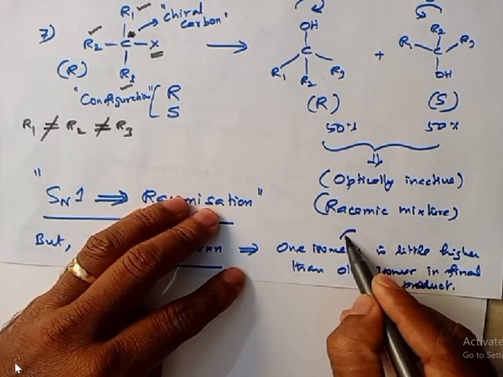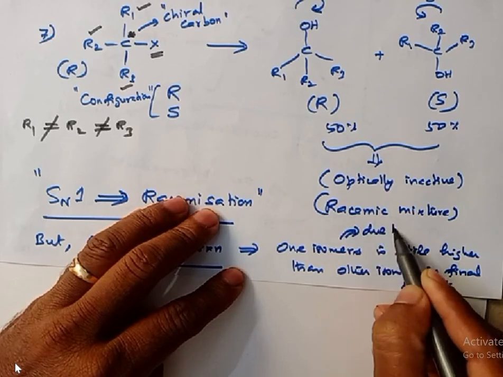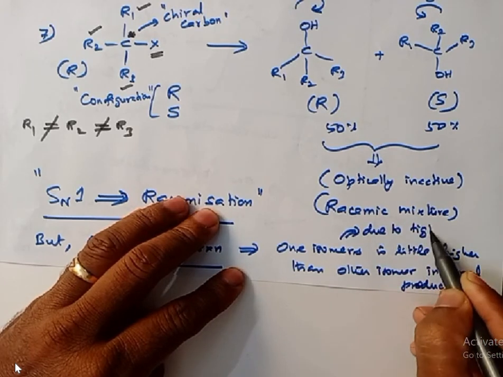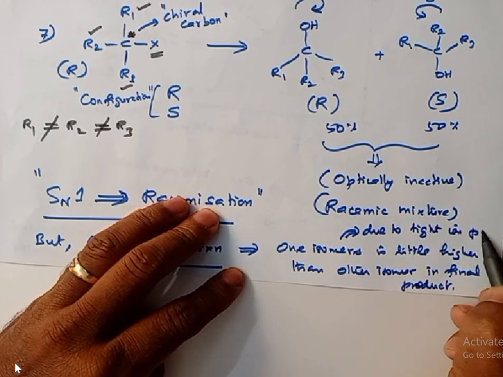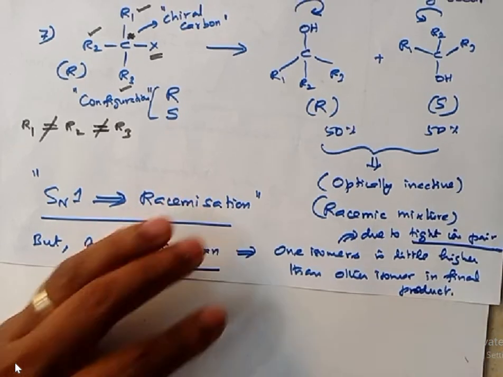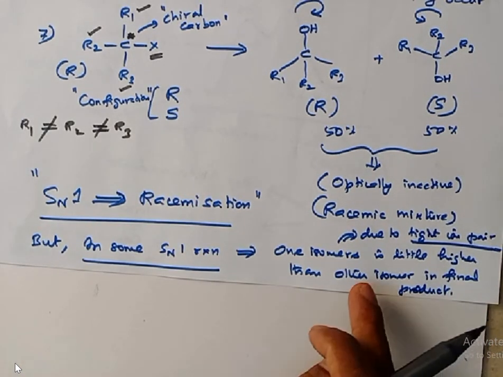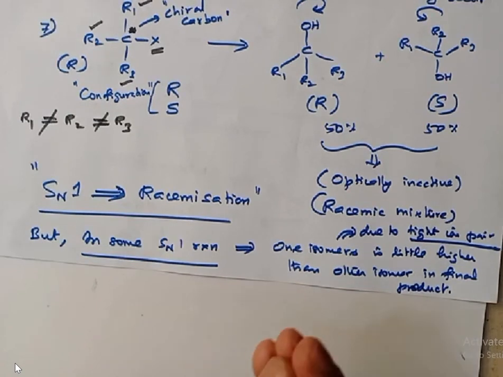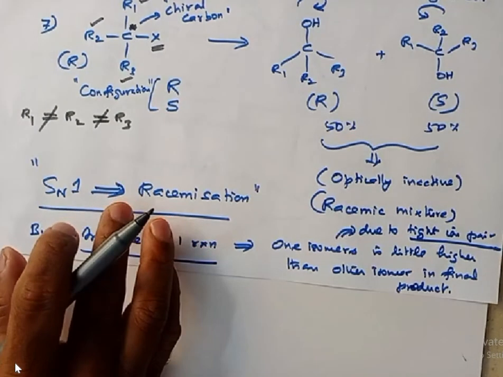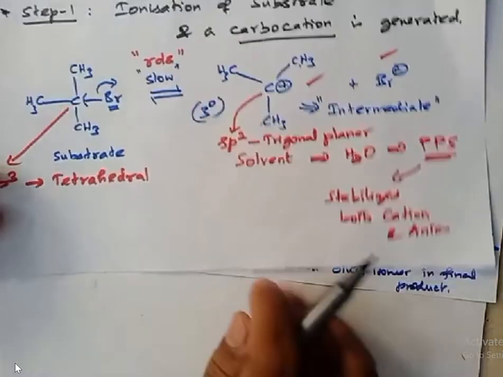Due to the tight ion pair, sometimes one isomer may exist in a little larger amount compared to the other. What is meant by a tight ion pair? Simple. Here you will get ions.